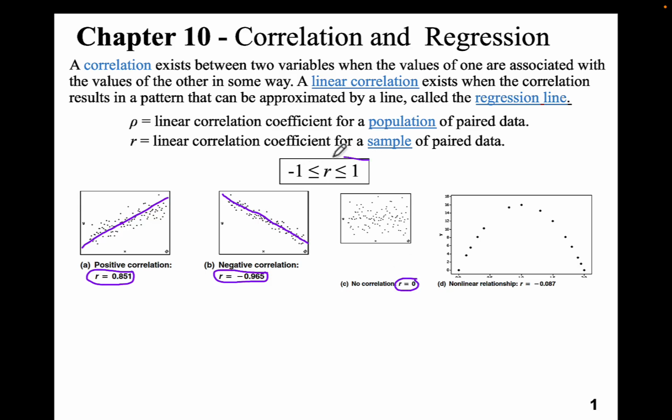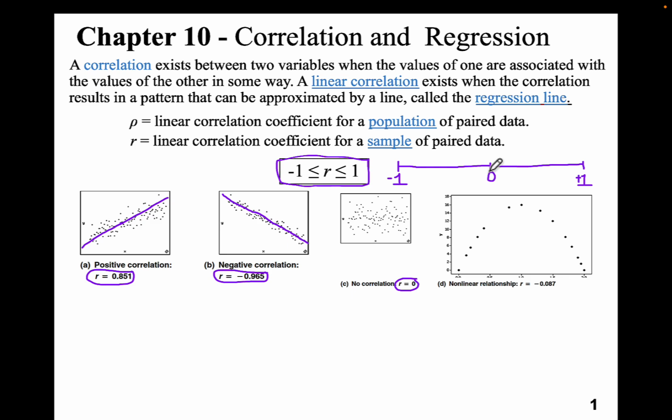So maybe visualizing this on a number line, this inequality might be helpful. If we're here at -1, that's the smallest possible number R could be. And then once we hit 0, we're at the weakest correlation. We call that no correlation. And then when we get back to 1, that's the max it could be, we're back at a strong correlation. So strongest correlations would be -1 and +1.